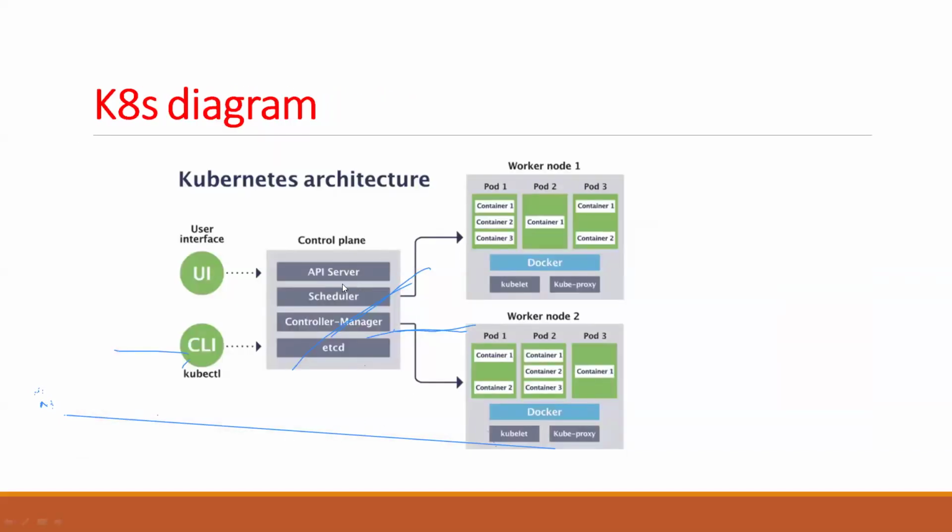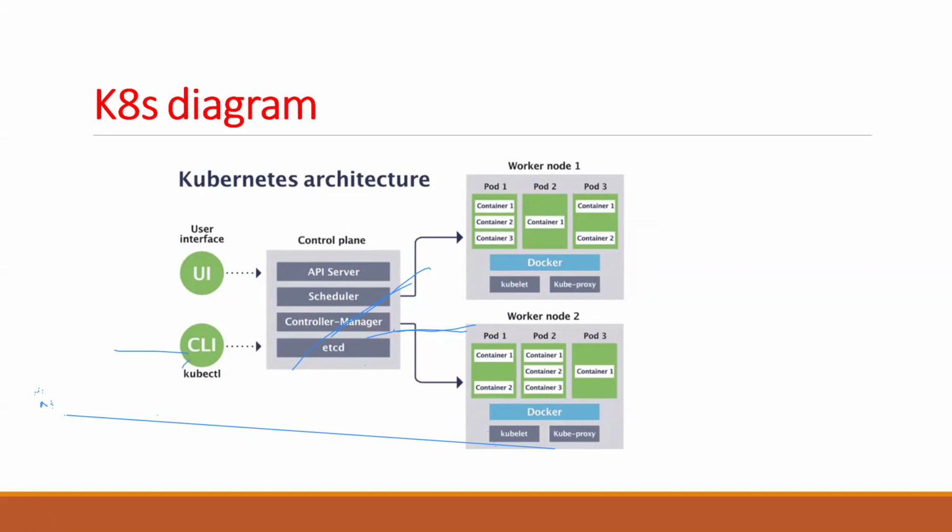So in the control plane, the master node, we have the API server, scheduler, controller manager, and etcd, and the worker node has the pod, container, Docker runtime, kubelet, and kubeproxy. If you want to connect to the master node, you can use kubectl, the CLI command.